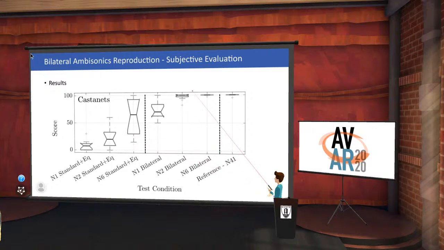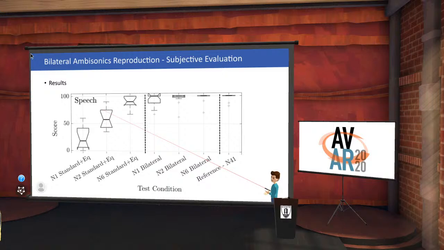We clearly see the advantage of using bilateral reproduction, especially compared to orders 1 and 2 with the standard reproduction, where the results are really low. Interesting to see here that first order bilateral reproduction performed as well as and even better than sixth order with standard reproduction. And going to order 2 and above, the result is really similar to the reference.